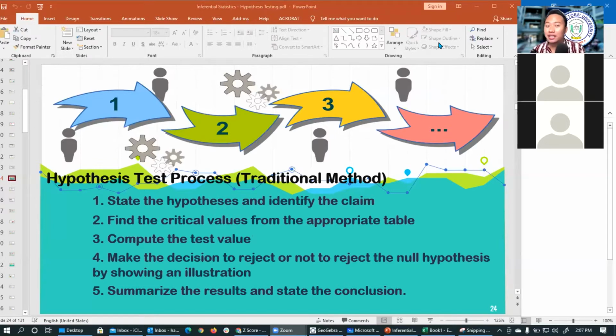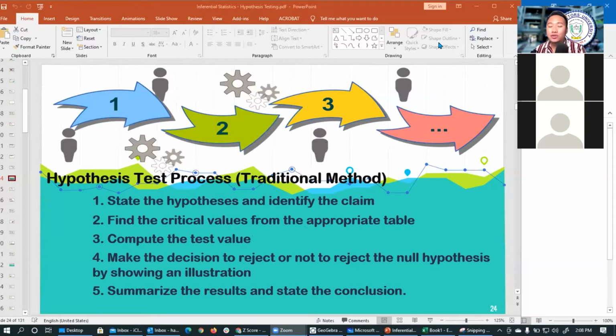So there are a lot of tables. With that being said, there are also a lot of test statistics that we are going to be considering in this topic. Number 3, compute the test value. This is very crucial, guys, because you need to know which formula to use depending on the situation of the hypothesis testing.